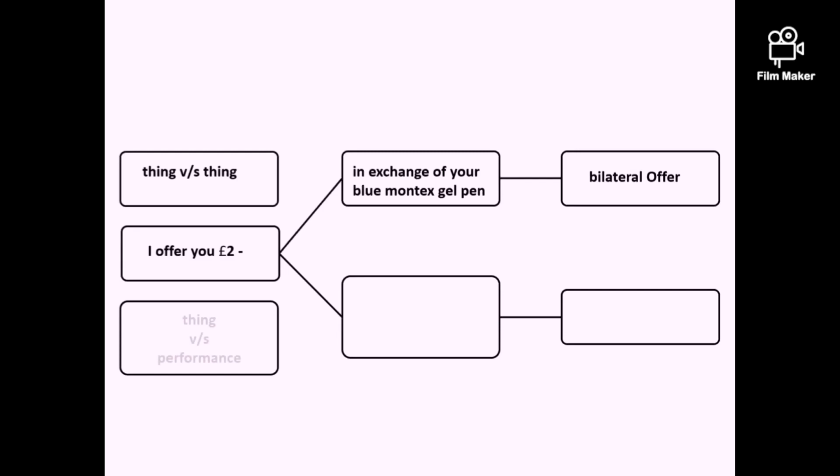However, when you offer a thing in exchange of a performance, for example, I offer you £2 if you can find my blue Montex gel pen. Here, finding the pen is a performance, and for this performance, I am offering £2. Such offers are called unilateral offers.